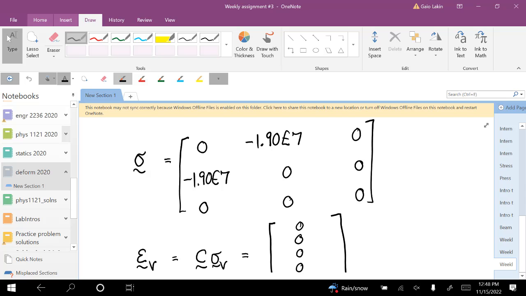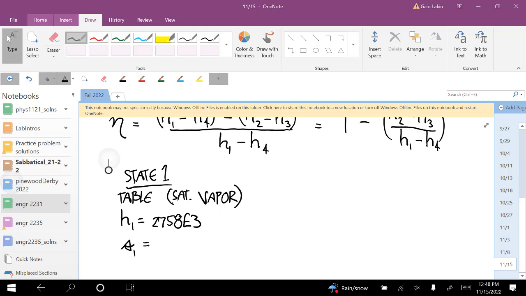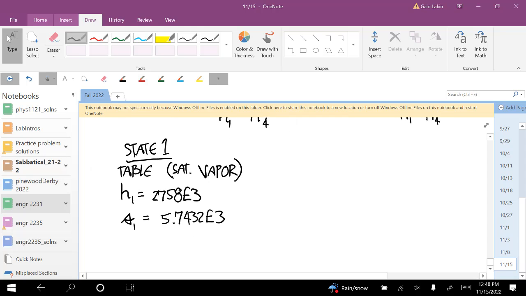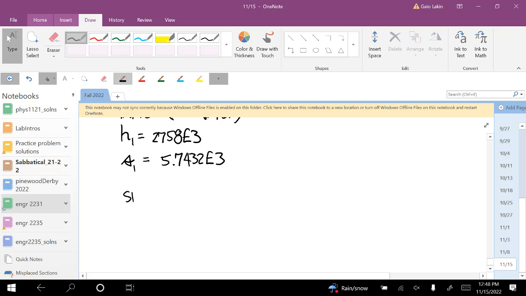It's 5.7432 times 10 to the third. Okay, so now let's go to state 2. State 2 is a saturated mixture.